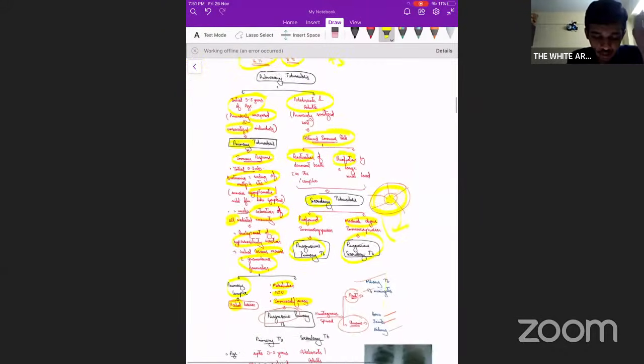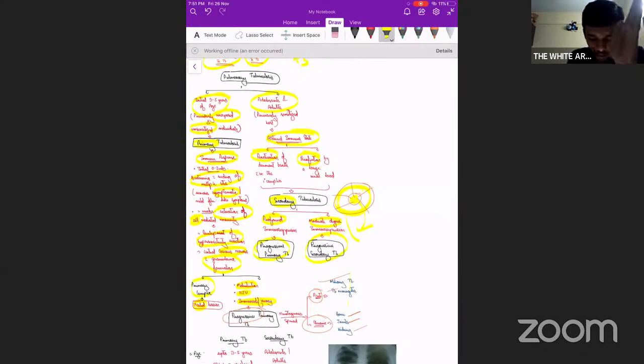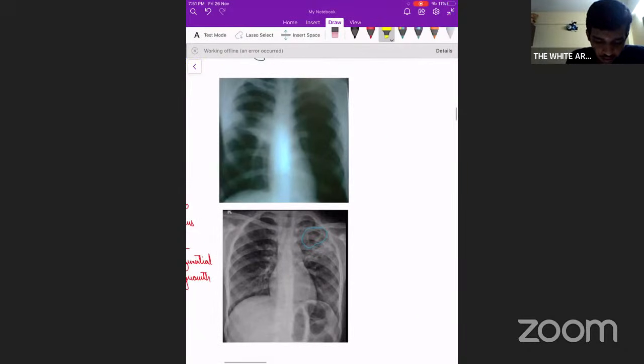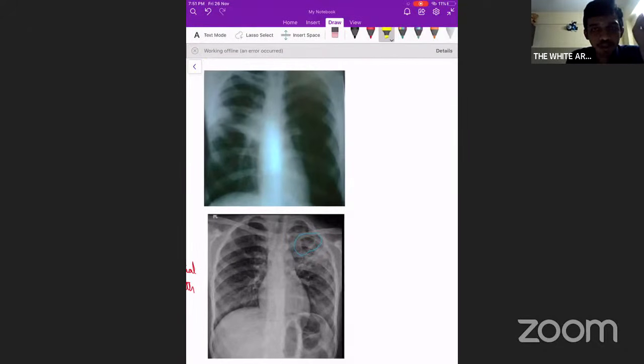So that was the pathogenesis, and that was the difference between primary and secondary. Now, if we look at this X-ray over here, can you identify which is primary tuberculosis and which is secondary tuberculosis? This is A, this is B. Yes, good.